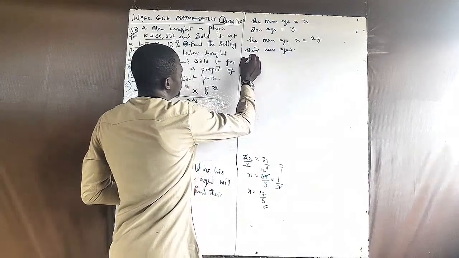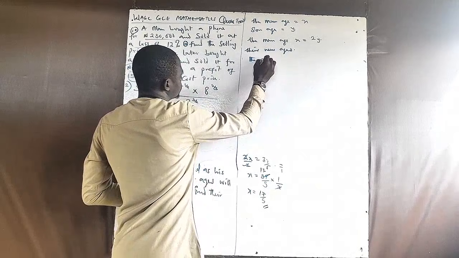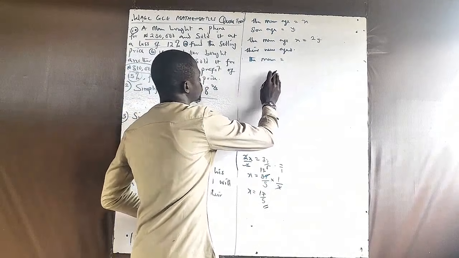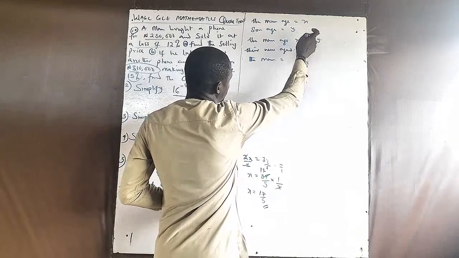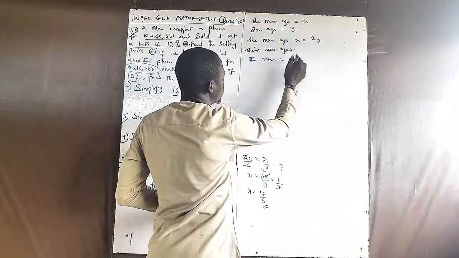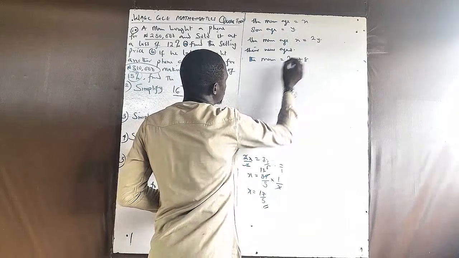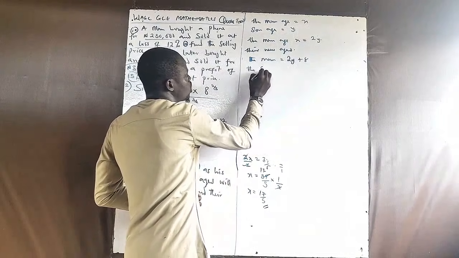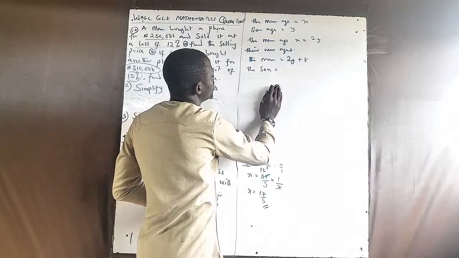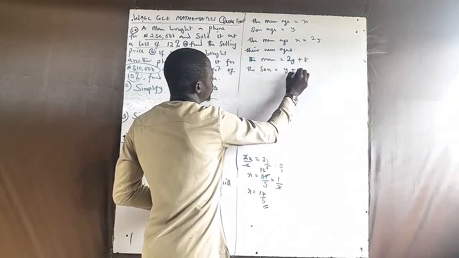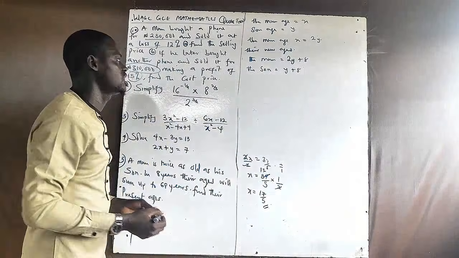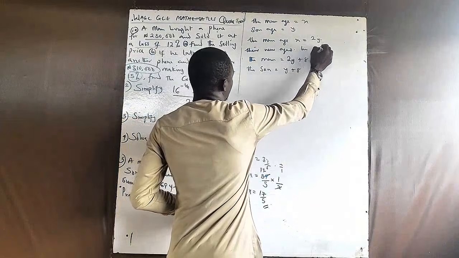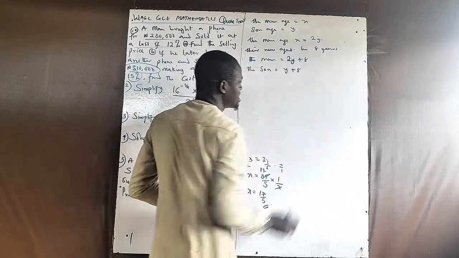The man will be equal to, S is equal to 2y, so the man will be 2y plus 8, while the son will be y plus 8. These are their new ages in 8 years.